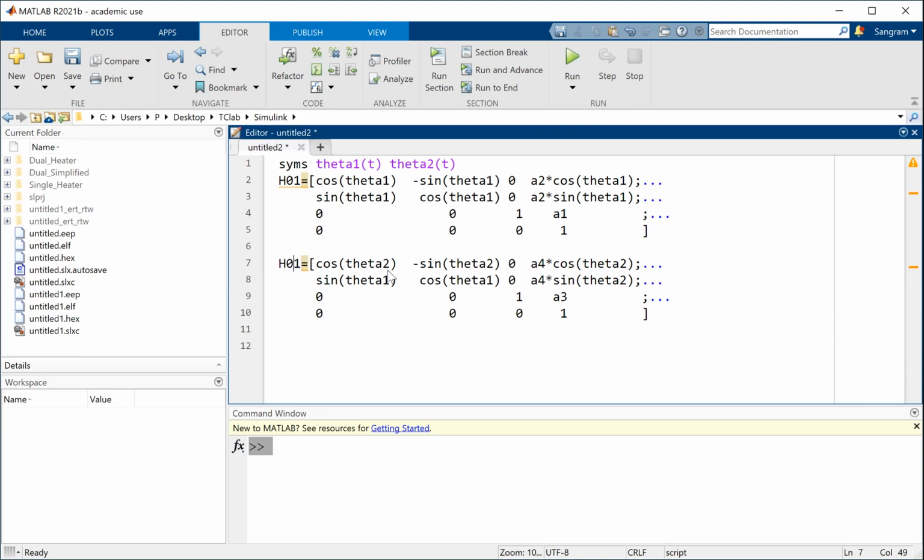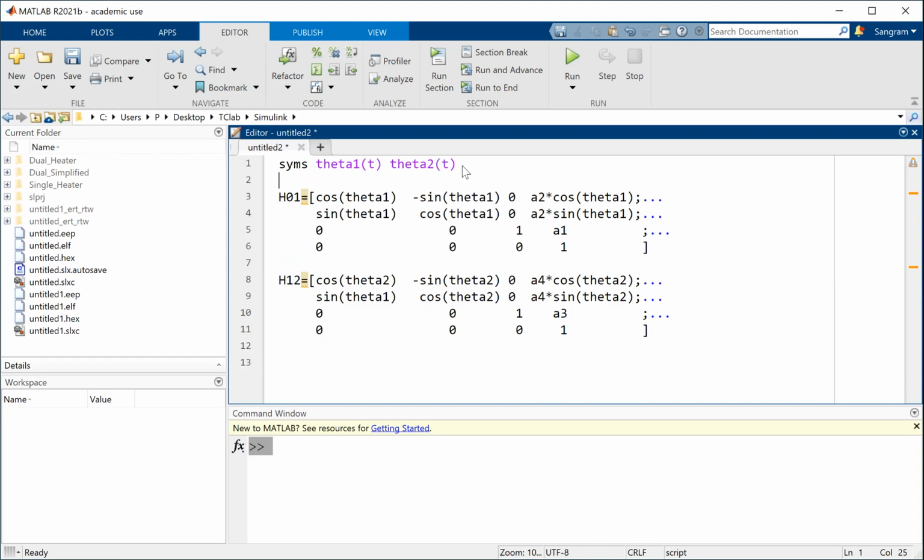Okay, H1 to second row, theta 2. Anything else? Yeah, first line, second row. Which column? Sine theta 1. Okay, all right.